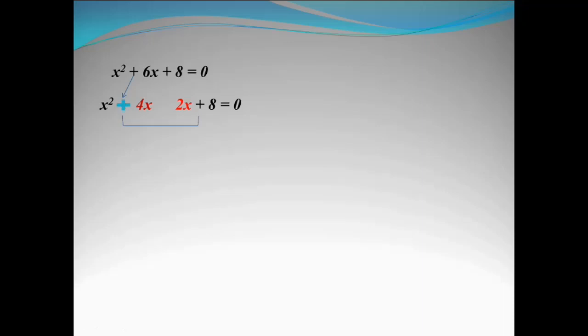Then we multiply the signs of the second and the last term. You can see it is plus, plus and plus, so the answer sign, plus, goes with the lower term.